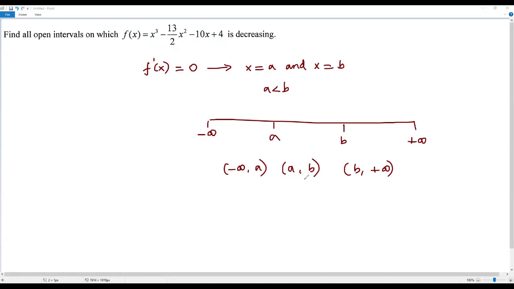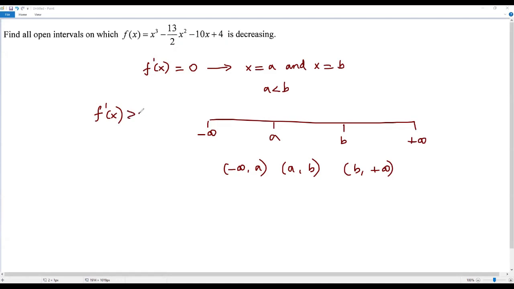Now, to find the intervals of increasing or decreasing for the given function, I have to check each of these three intervals with f prime of x, that is, the first derivative of the given function. When I take a particular interval and pick a random value for x in that interval, I plug that value into the first derivative.